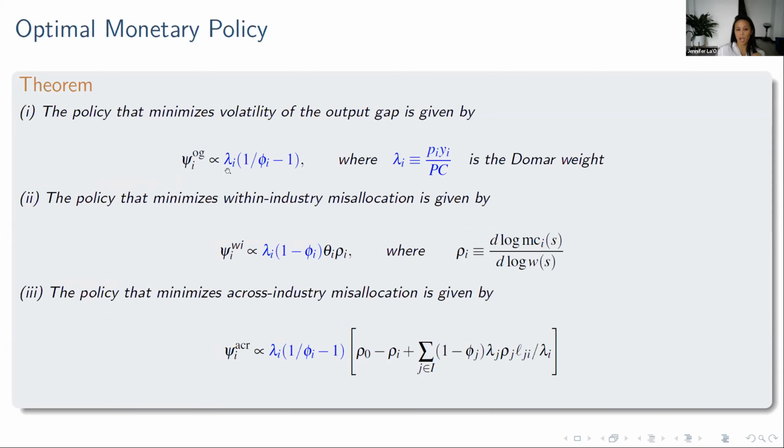One is just how large the sector is in terms of its sales share, so this is their Domar weight, and how sticky they are. So they're all increasing in lambda I, and they're decreasing in phi I, which is how flexible the sector is. So essentially, if you take a linear combination of these 3 policies, what matters is really just these Domar weights, these lambda I's, as well as how sticky these sectors are.